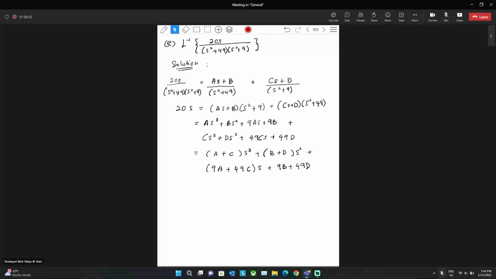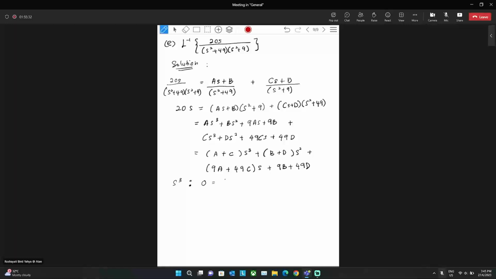So look at the easiest or the fastest way that we can get our constants here. For here we have A and C. For this part, s cubed on your left hand side equals 0.